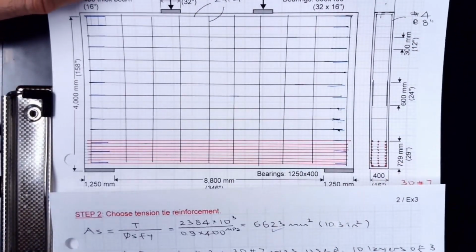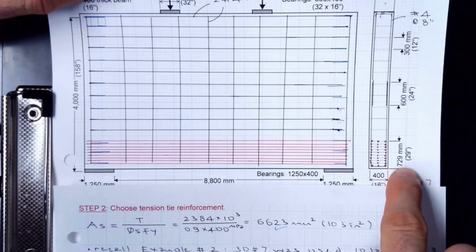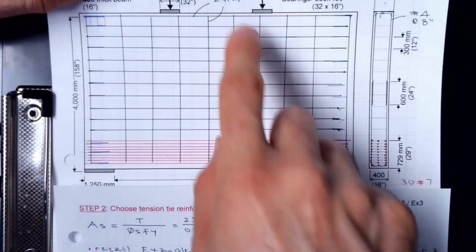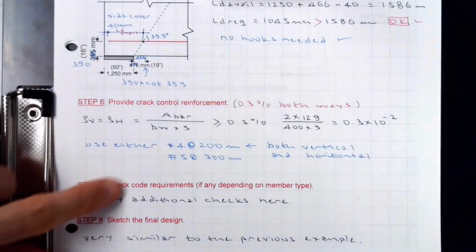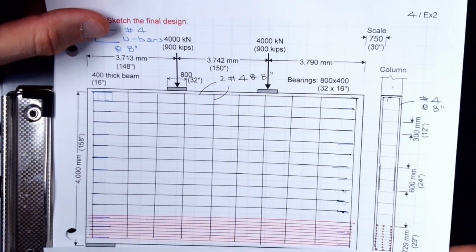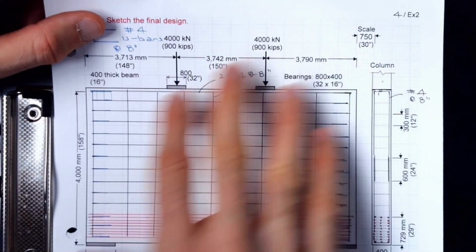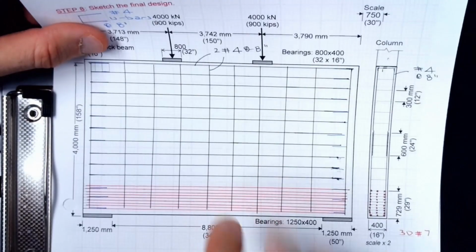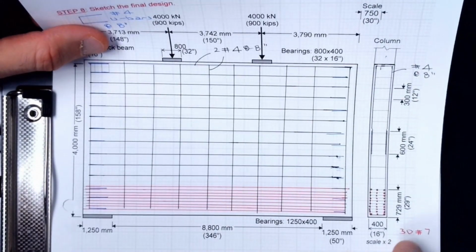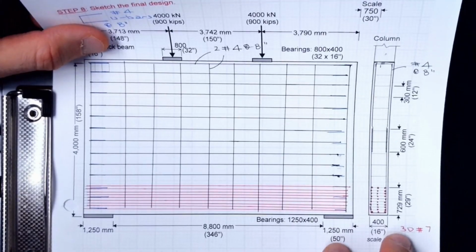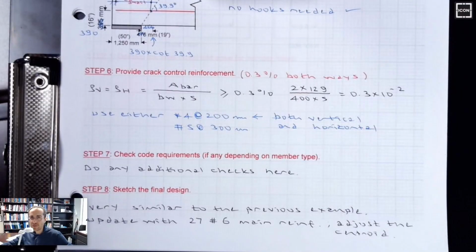So you are going to be adjusting that. You are going to be adjusting the centroid of the reinforcement. Crack control reinforcement, we are using number 4 at 200, which is the same as that one. So it's very similar, almost identical design, except the main reinforcement is going to be less for this situation. That's pretty much it for this example.